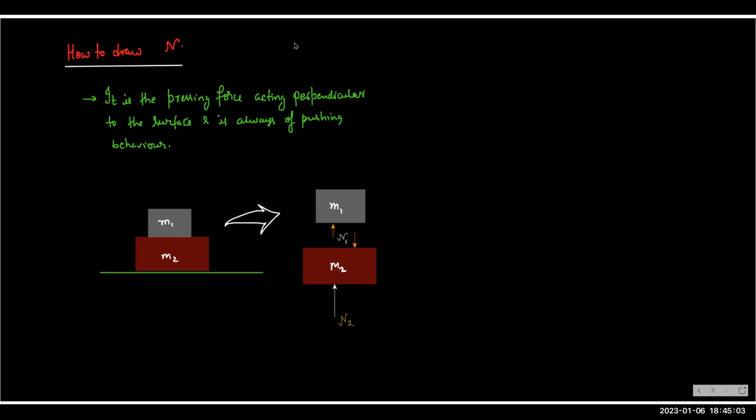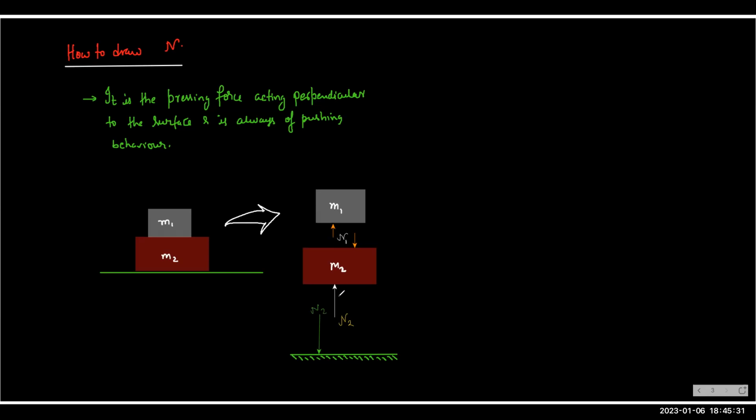Definitely, if you want, you can also draw it for the bottom surface, which I have drawn here. If you want to show it for the ground, you can show it, although not required. Generally, we only represent those bodies which are part of our system, which can perform some motion.